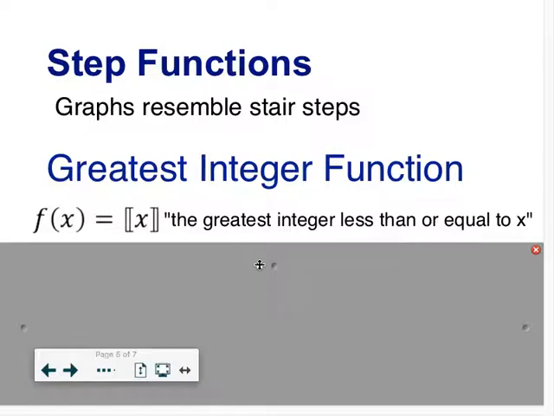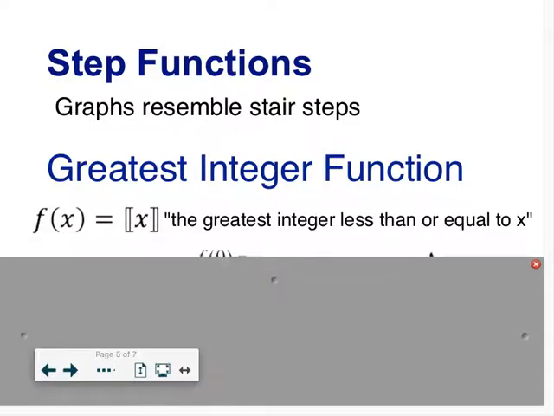Okay, so I often call the integers nice numbers. They're numbers without decimals or fractions, right? 1, 2, 3, 0, -1, -2, -3. Those are integers. Okay? So when you do the greatest integer function, your outputs have to be nice numbers. Your outputs will be an integer. There are no decimals or fractions in your answers.